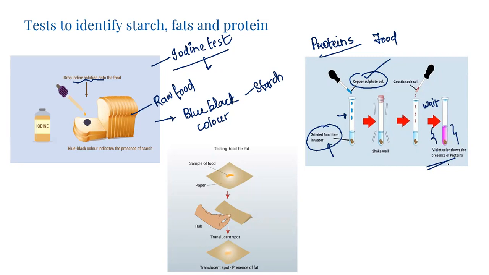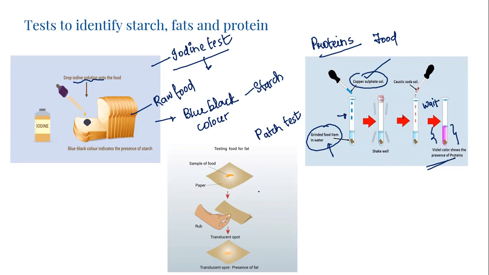Now, how do we determine fat? We do it by the patch test. We take a small quantity of the food item and wrap it in a piece of paper.